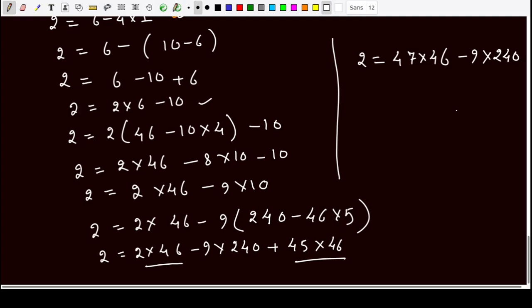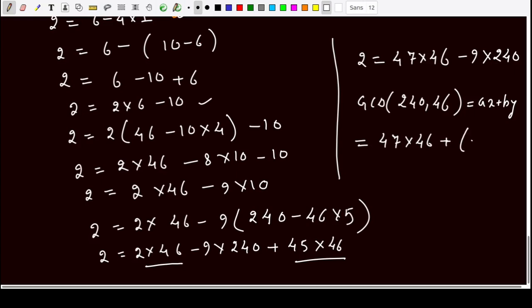This is how we have expressed GCD of 240 comma 46 in the form of AX plus BY. So what is that equation? GCD of 240 comma 46 is 47 times 46 plus minus 9 times 240.